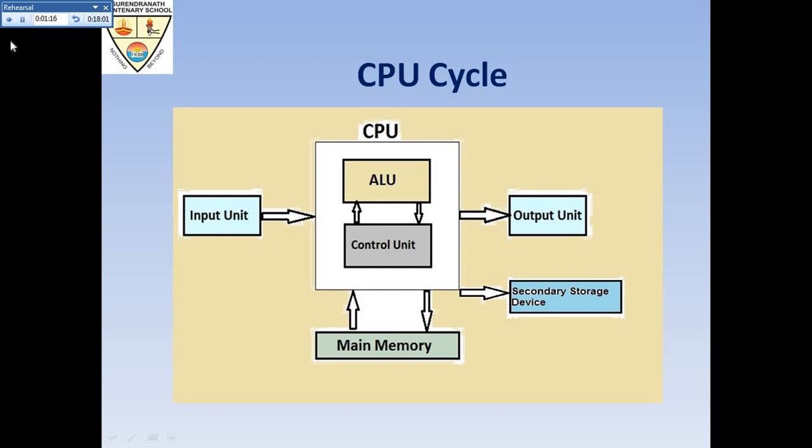Now inside the CPU we have one major, primary unit, that is the control unit, or the boss of the CPU. Immediately the control unit will not start the processing. Whatever instruction we have given will be stored temporarily in the main memory. The control unit will say, the instruction you have given has come to me, but for now please go and wait in the main memory, that is the primary memory, that is RAM.